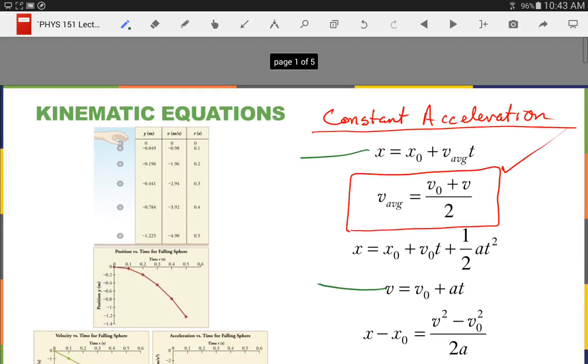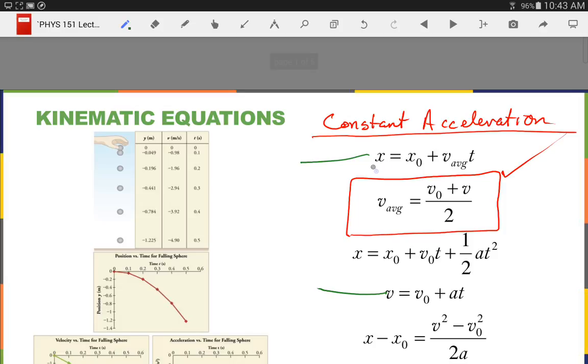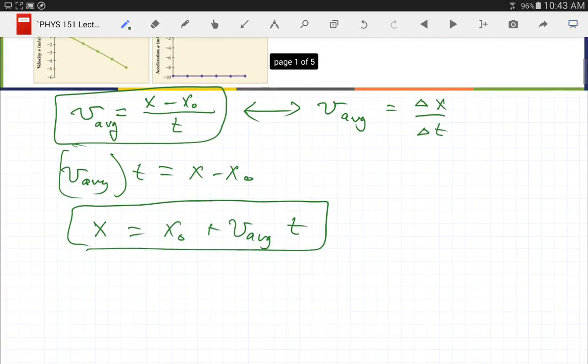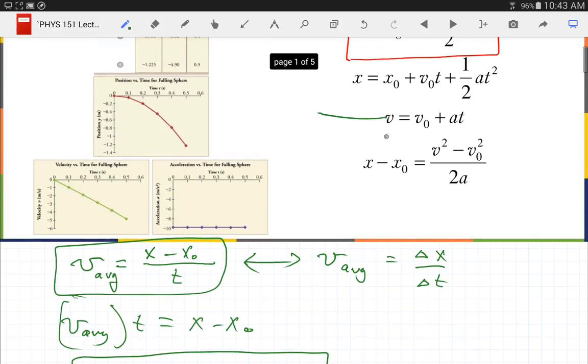So that is this equation right there. So that's basically just the definition of what v is. The lower one here, that's relating speed and acceleration.